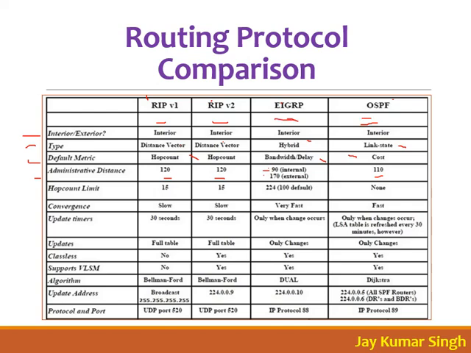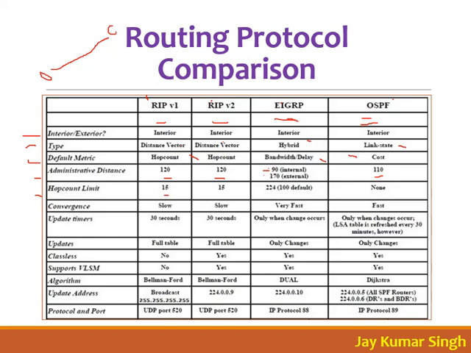Hop count limit: if the source is here and the destination is here, how many routers are in the middle? That is counted as the hop count. If it is less than 15, then I can communicate from source to destination. If it is more than 15, then I cannot.